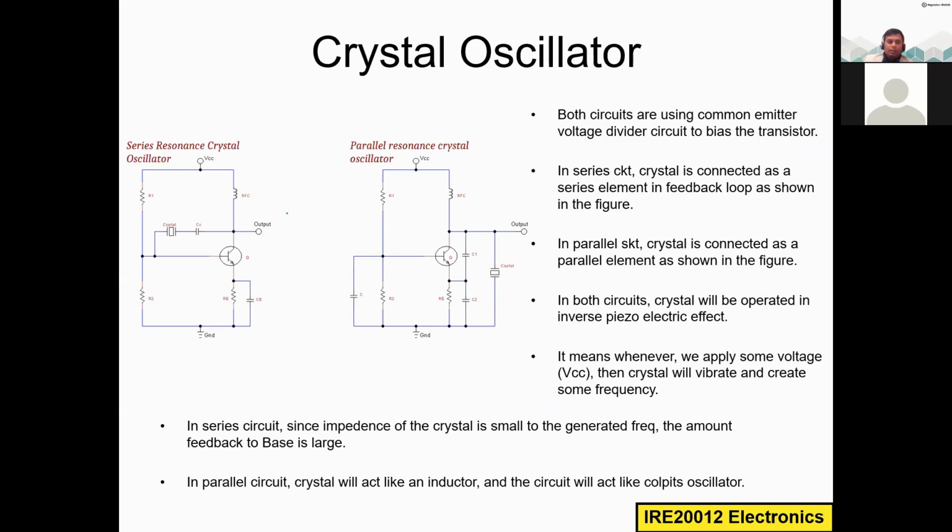Here you can see two different circuits. One circuit is based on the series resonance frequency property of the crystal, and this other circuit is based on the parallel resonance frequency property of the crystal.